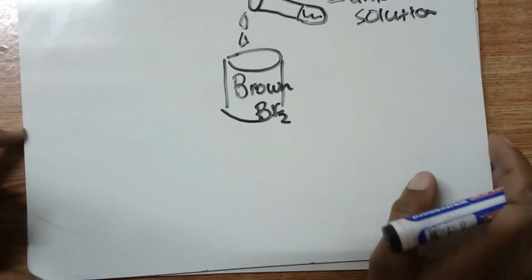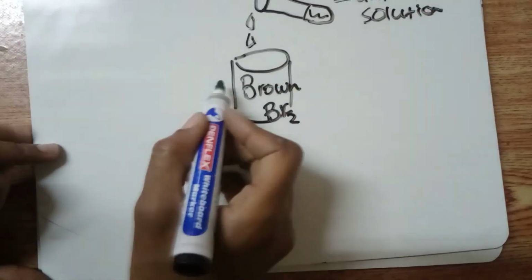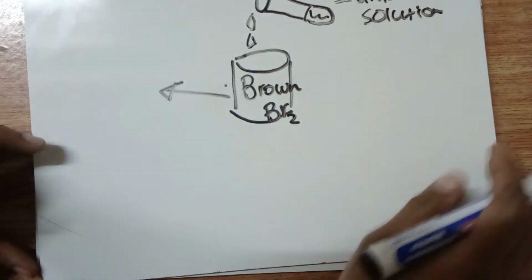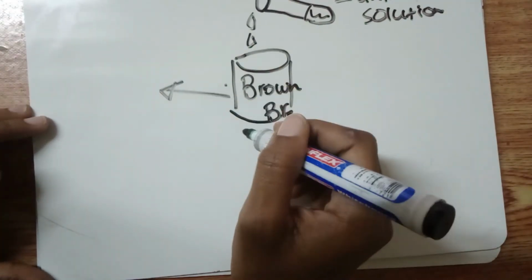So you add it. Let's say after you add it, you realize that this brown color, the brown color of the bromine solution, vanishes almost immediately.